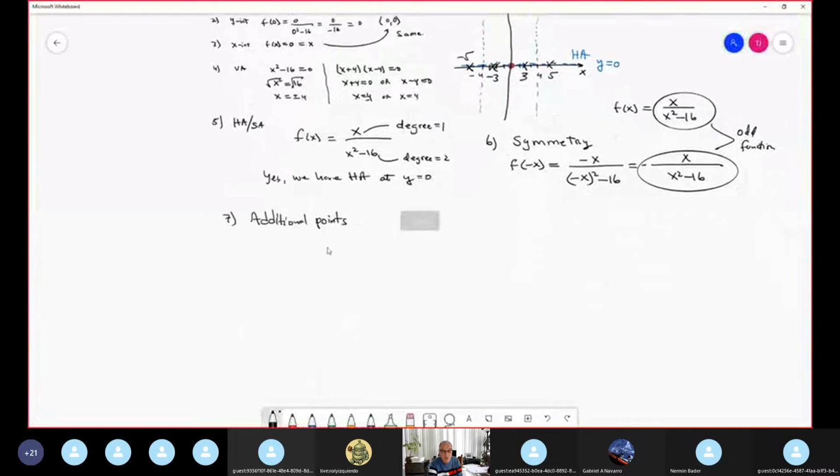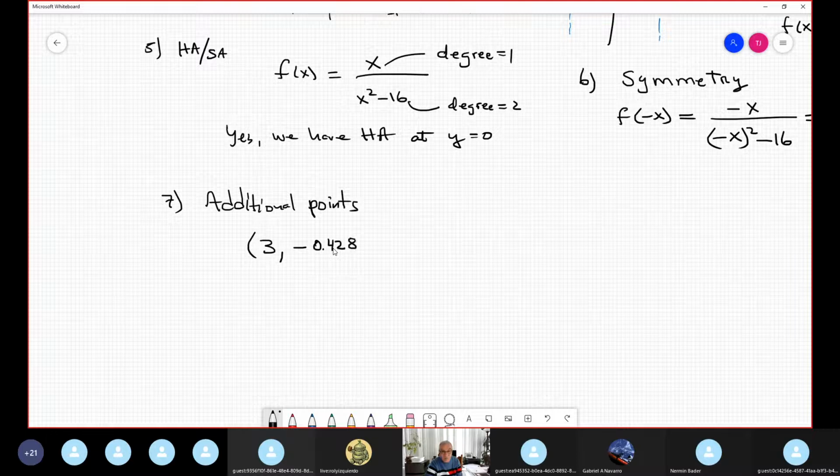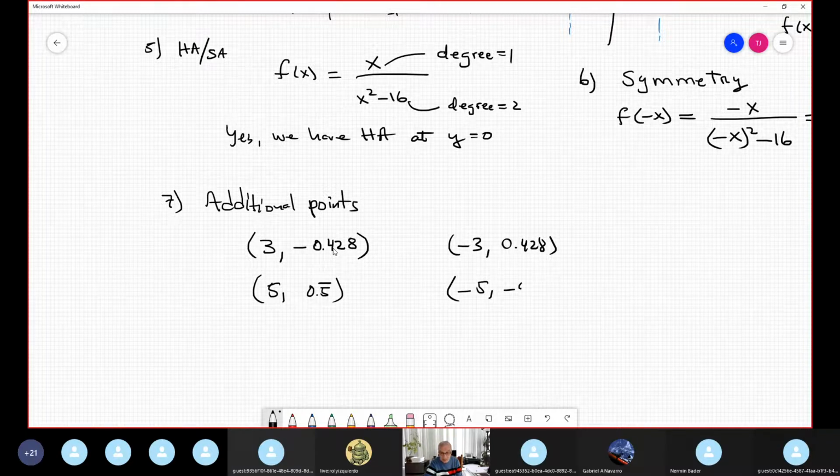I want to skip the arithmetic part. Evaluate at 3, the answer is negative 0.428. Therefore, for sure, negative 3 would be positive 0.428. The same value, but the opposite sign. At 5, the answer is positive 0.5 repeating, and at negative 5, negative 0.5 repeating.